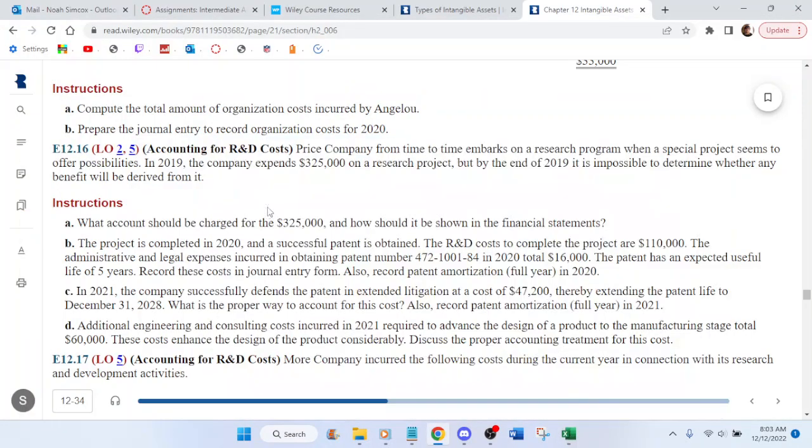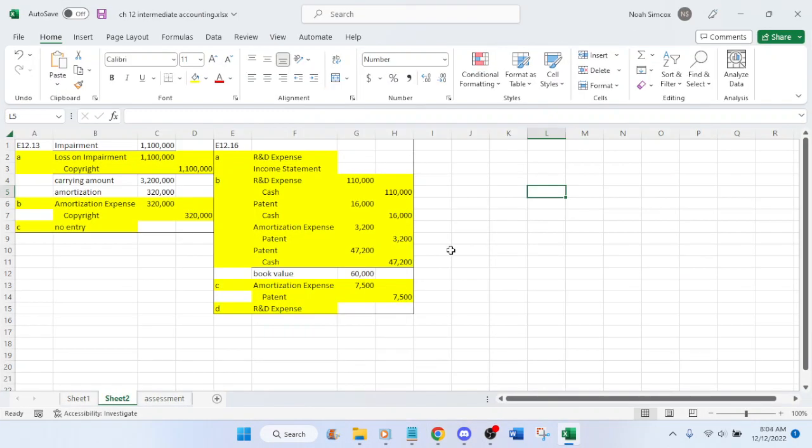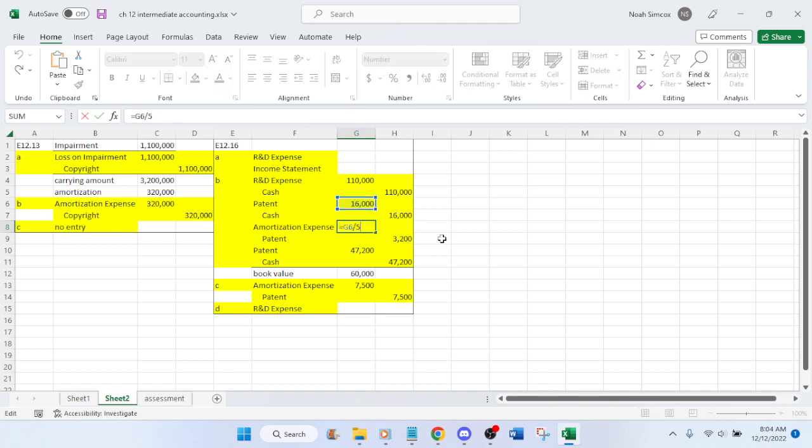And then we have patent amortization for 2020. So we have 16,000 divided by 5, and then you record amortization expense, patent. Yep. Please don't mess it up.